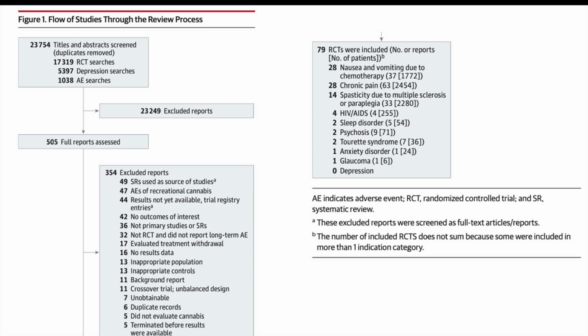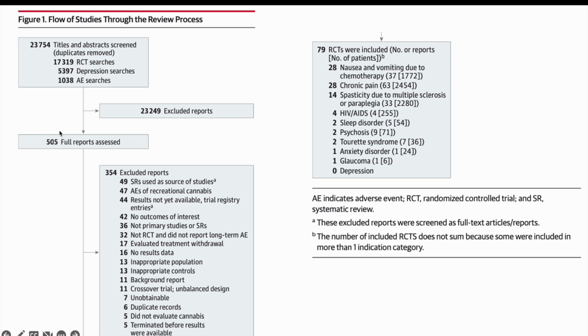And so here's our flow of studies. We saw this in a randomized controlled trial. We saw how the population, their search strategy for who they were going to include in their study. And so this is kind of the same picture. We see the titles and abstracts screened, 23,000 of them. They excluded, based on whatever exclusion criteria they had, 23,249 of them.